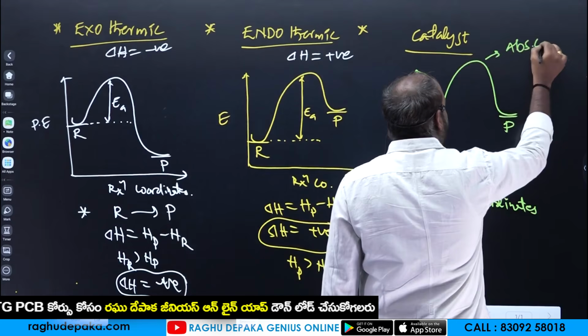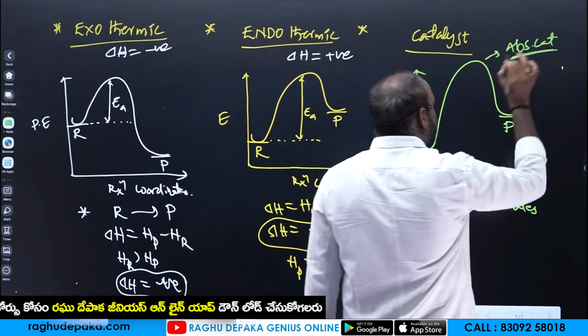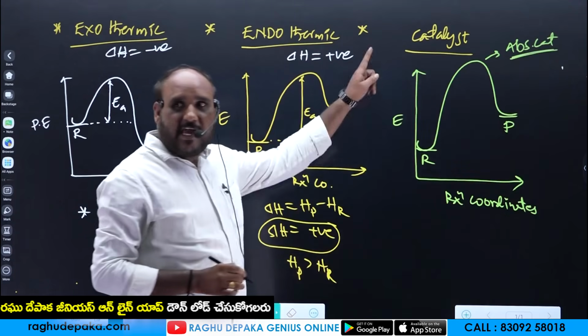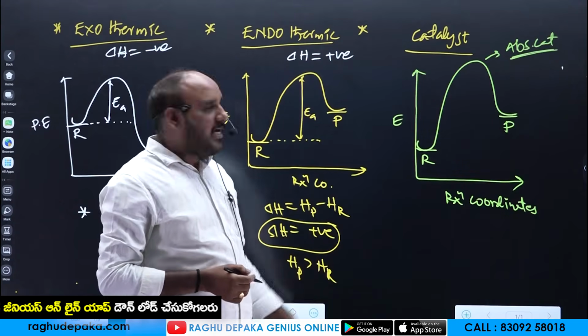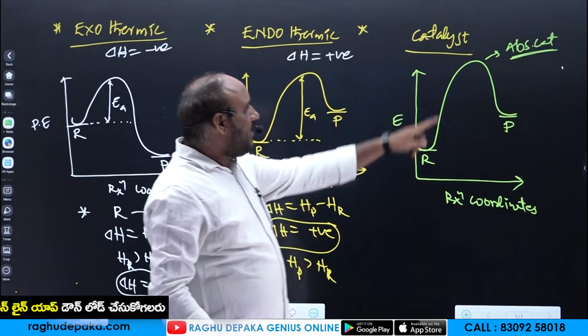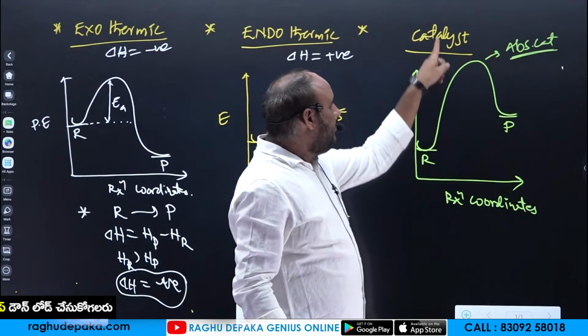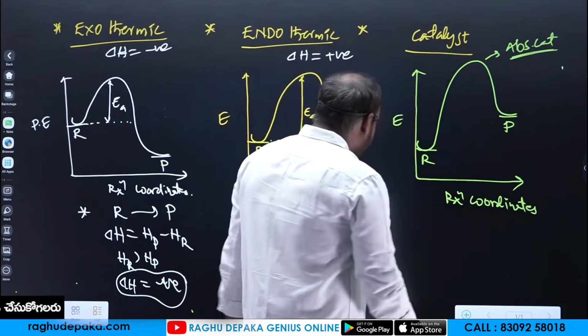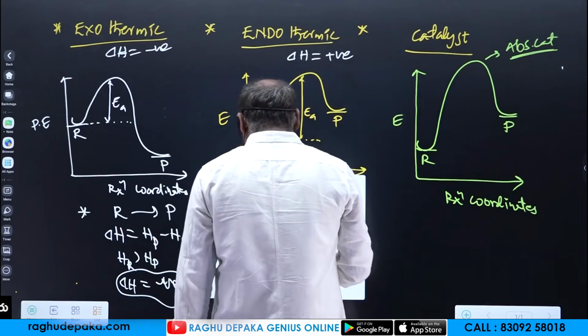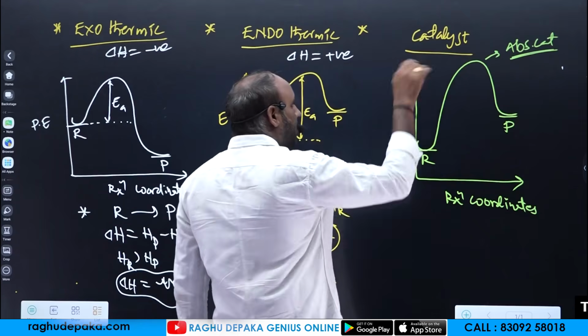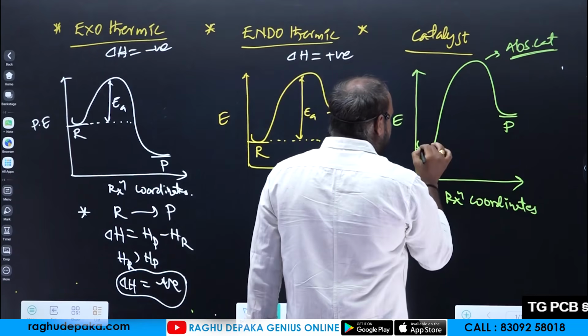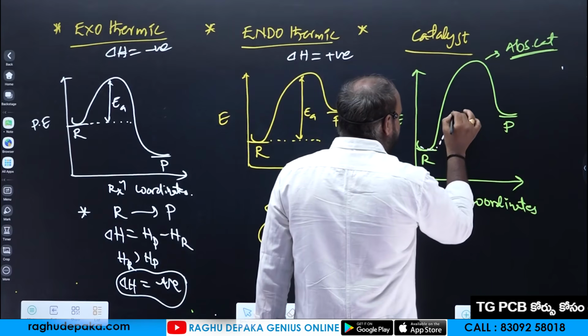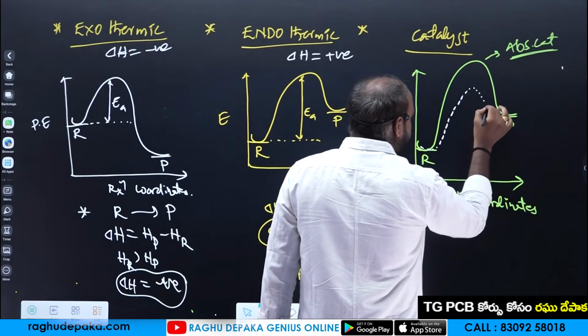In the absence of catalyst, there is no catalyst, therefore this is the activation energy. That activation energy will be reduced with the help of catalyst, right? So that means whatever activation energy we get without catalyst, with the help of catalyst we are going to reduce this activation energy.